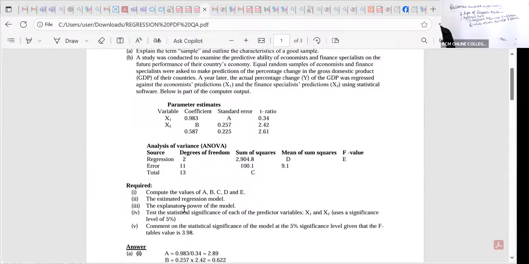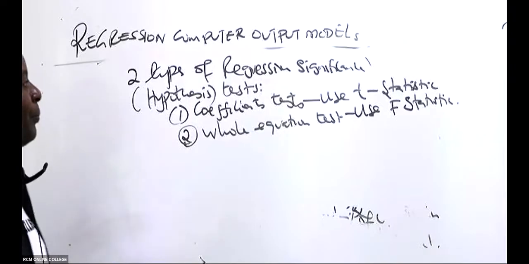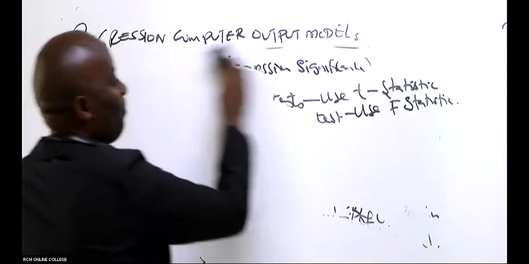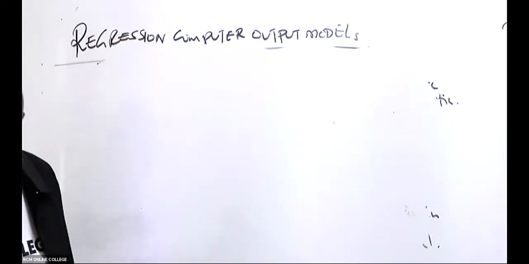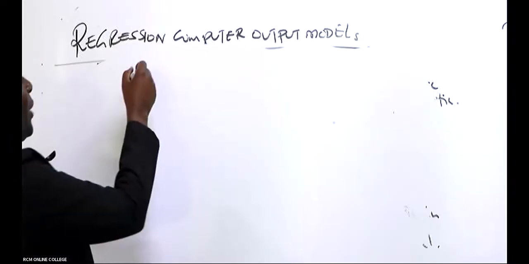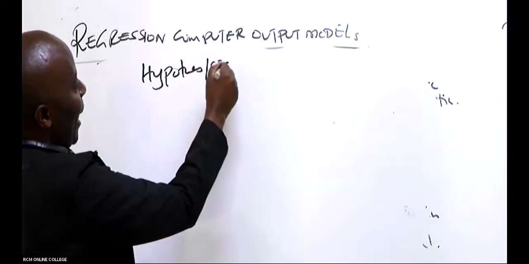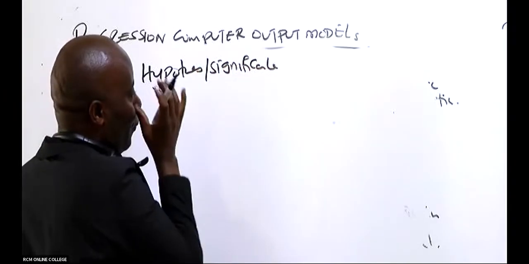So first of all, we handle number 4. What are we going to do in number 4? To test the hypothesis or significance of variables, how significant is this variable?